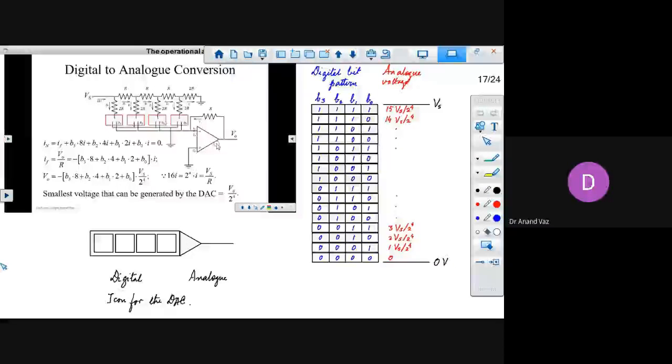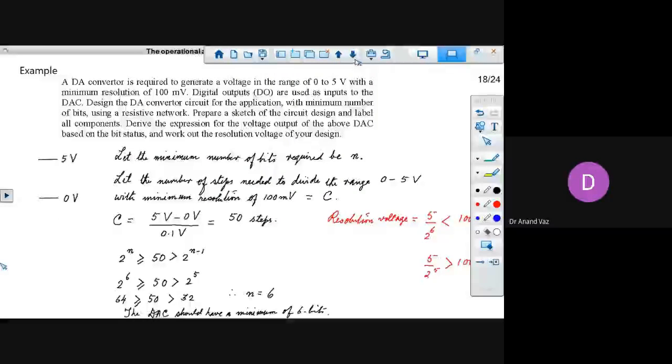Naturally, you will have to start with the principles of the operational amplifier and then come to this second part in which you work out the IN and you say that IN is equal to all this. Of course, there are 2 more bits here, so you have to take those also into account. And here you will get the expression. Now, suppose we ignore this negative sign, then we will have something like this.